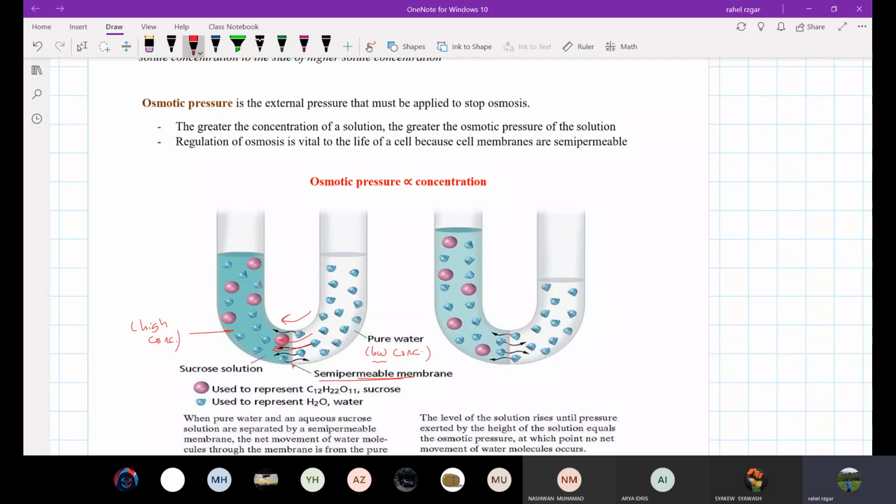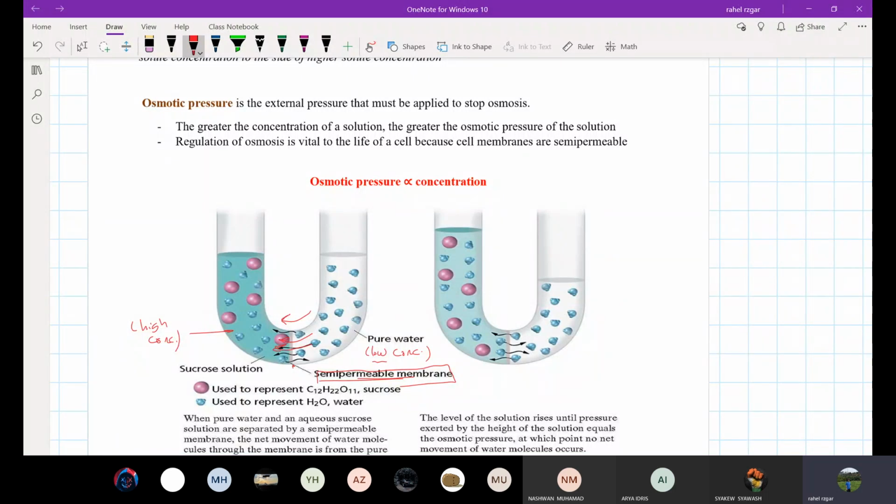Towards the high concentration. Why? Because a semi-permeable membrane will allow some particles to pass and block some others. At this point, where the solution is, again, just like the previous properties, the water particles cannot be transferred because they are attached to the solute.